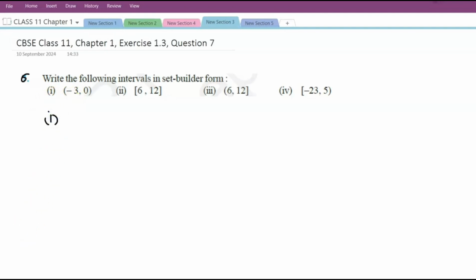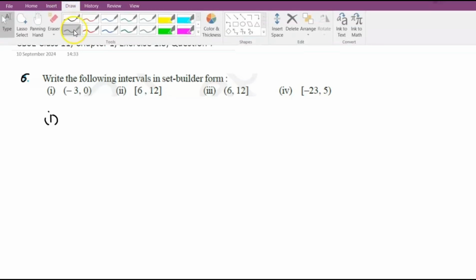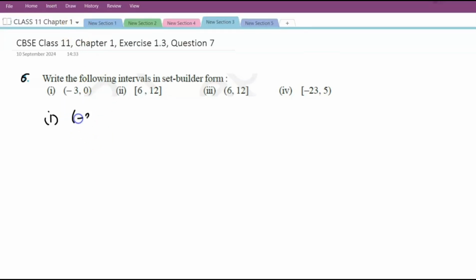For the next question, we need to write the intervals in set builder form. I have told you the method of this also in my previous video, but let's solve it here. So first we have this interval, (-3, 0).